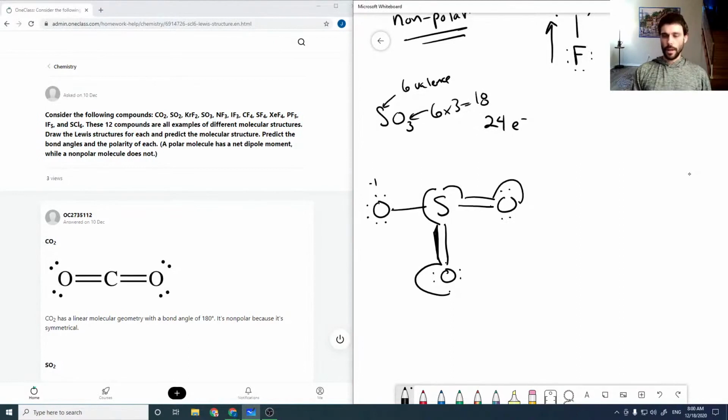Okay, so then we're going to have something more like this, where that's negatively charged, that's positively charged, and these two are neutral. But that looks pretty good. And it's going to be a trigonal planar structure because it's only bound to 3 species.